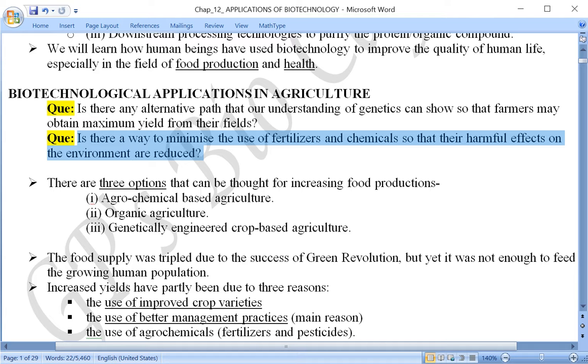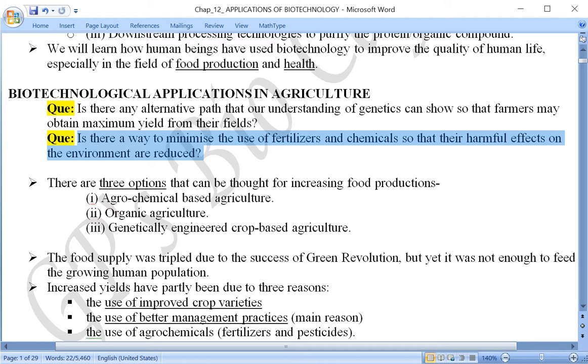So these two questions: one is for farmers, how they can get maximum yield, and the second is how we can minimize the use of fertilizers and chemicals so that they do not have harmful effects, or whatever harmful effects are there, we can reduce them.